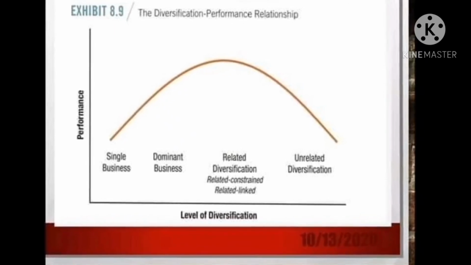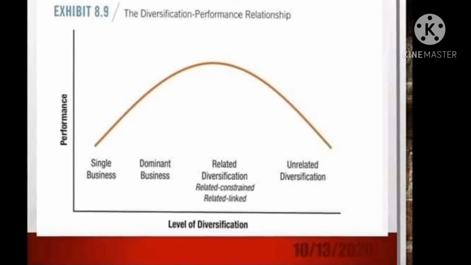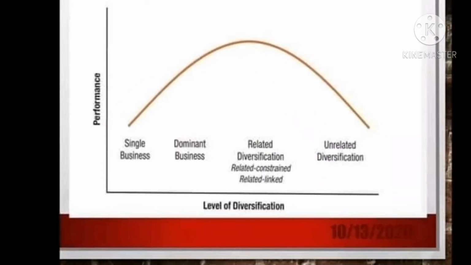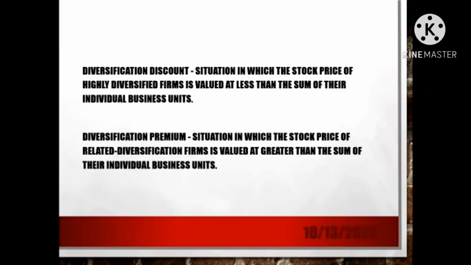Unrelated diversification is a form of diversification when the business adds new or unrelated product lines and new markets. For example, if a shoe producer enters the business of clothing manufacturing, they experience a diversification discount in the stock market. This is the situation in which the stock price of highly diversified firms is valued at less than the sum of their individual business units.